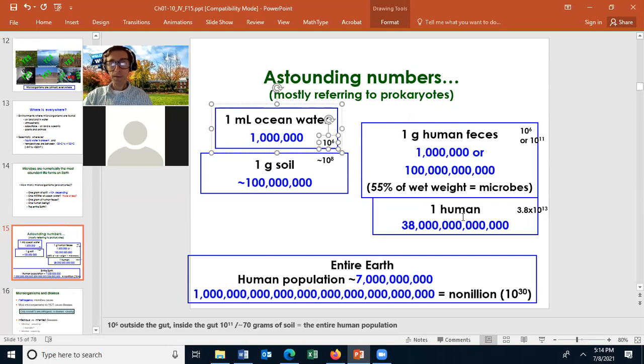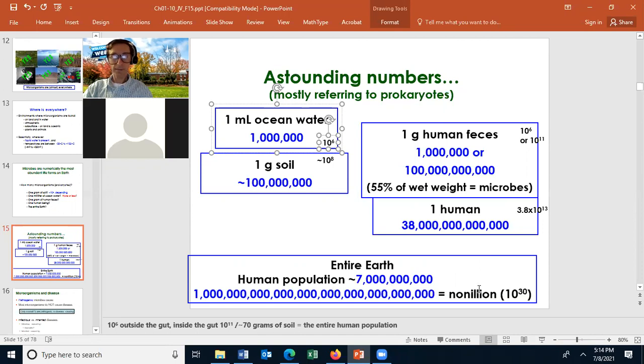A human has 3.8 times 10 to the 13th microbes, and that would be in or on the human, like in the gastrointestinal tract, on the skin, and that's an astounding number. And then on the entire Earth, it is 1 nonillion, which is 1 followed by 30 zeros.